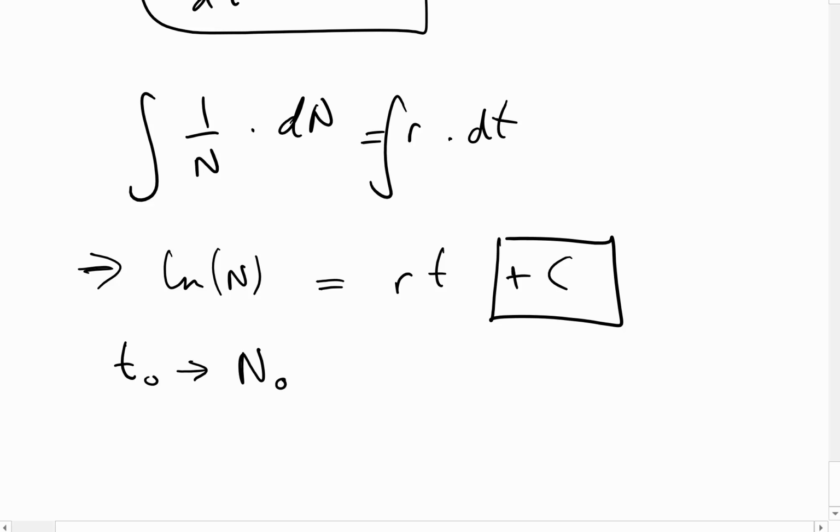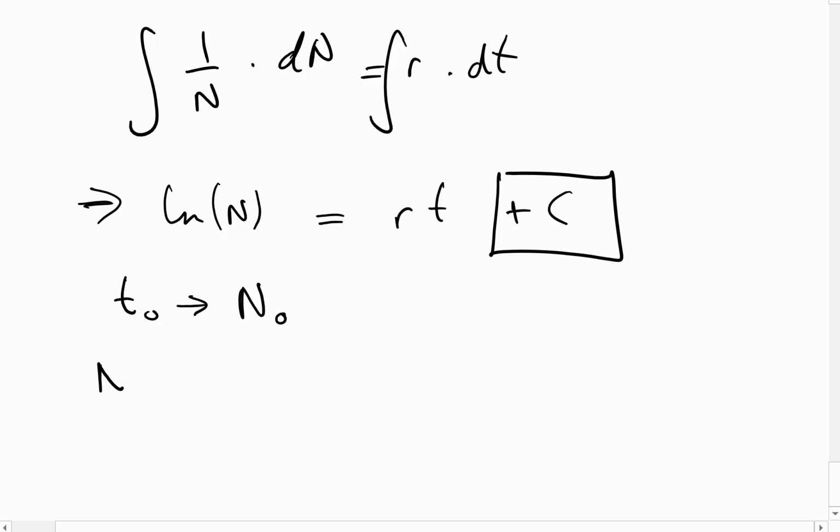And we call that population n0. Or another way of writing that is n of 0, our population at time 0, because of course we've got n of t. So when time is 0, we're going to end up with a population, and we're going to call that n0.